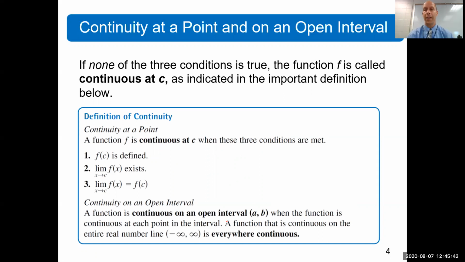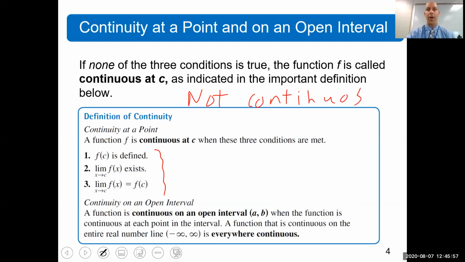And then those two things have to be the same. If any one of these three conditions is not true, then it's called not continuous at that point. If all three of those conditions are true, then it is continuous.